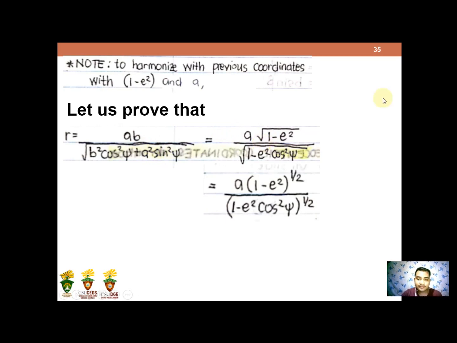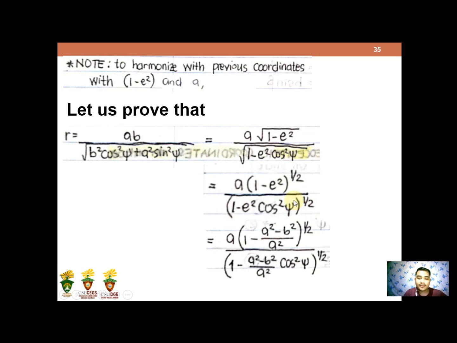From this value, we can express it as a times 1 minus e squared raised to the power of 1/2, since the square root means the exponent is 1/2, over the denominator, which is 1 minus e squared cosine squared geocentric latitude raised to the power of 1/2. Then let's substitute the value for eccentricity squared. So it becomes a times 1 minus a squared minus b squared over a squared raised to the power of 1/2.